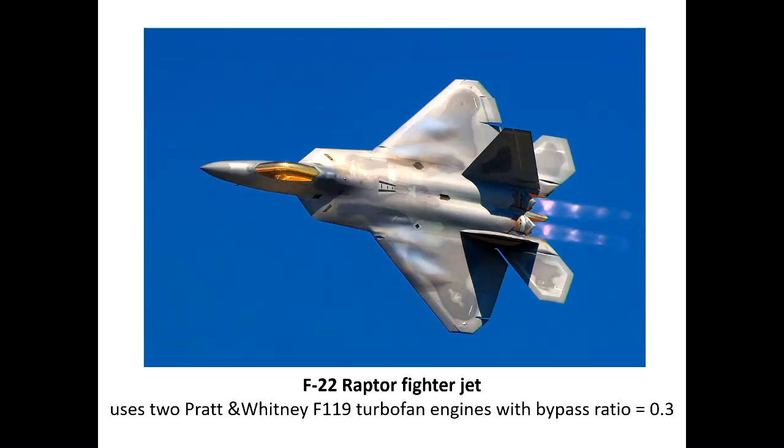You will have high speed, flying at a Mach number of 1.8. If you increase the bypass ratio, the speed will become slower, but you can produce more thrust. All right. So what type of application is there?